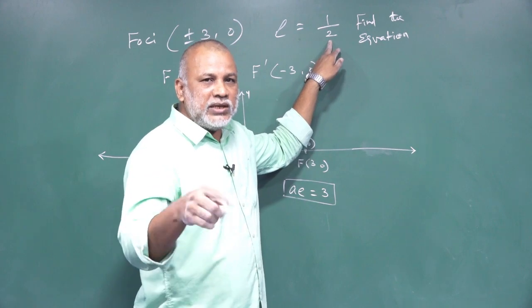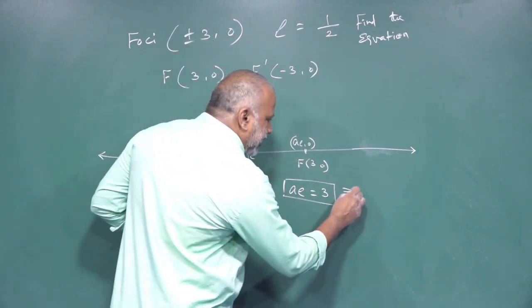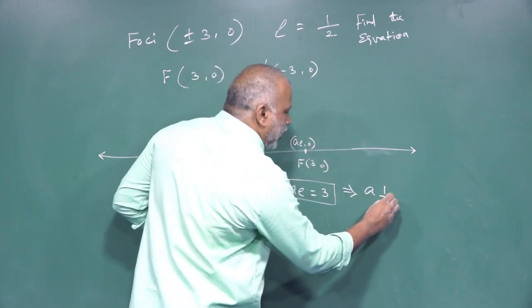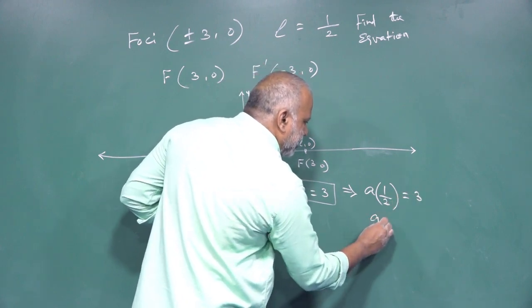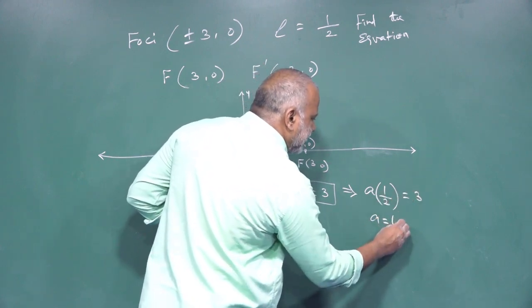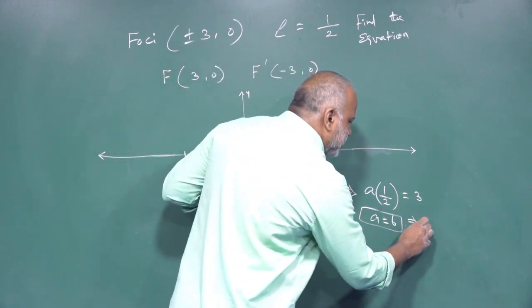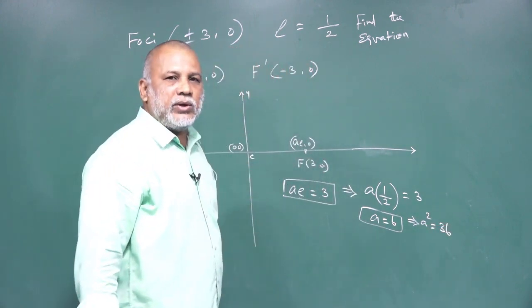In the previous question e was not given, but here e is given. So I can replace e: a into 1 by 2 is equal to 3. Just cross multiply, we get a equal to 6. From that we can say a squared equal to 36.